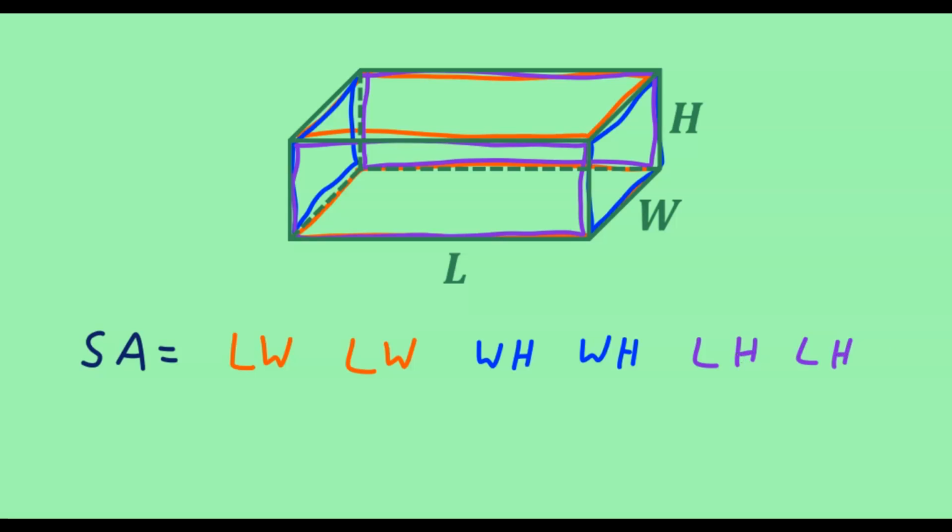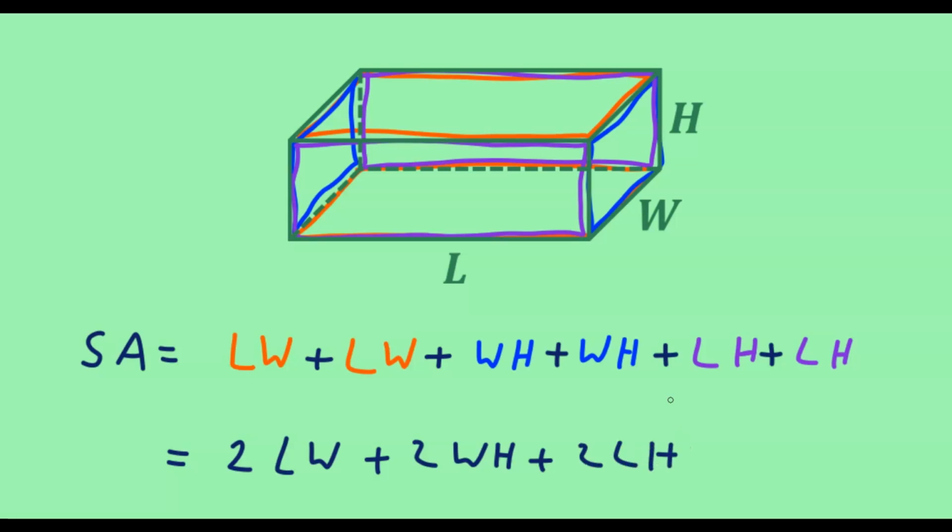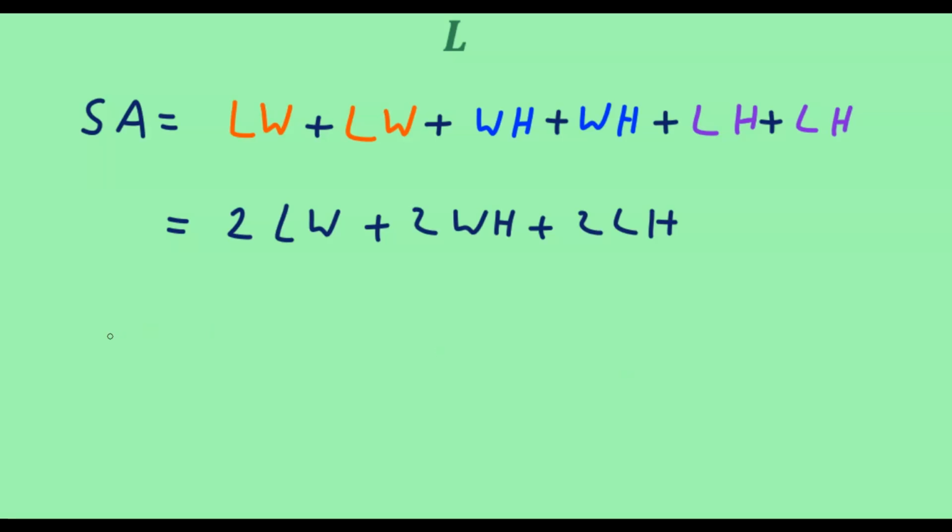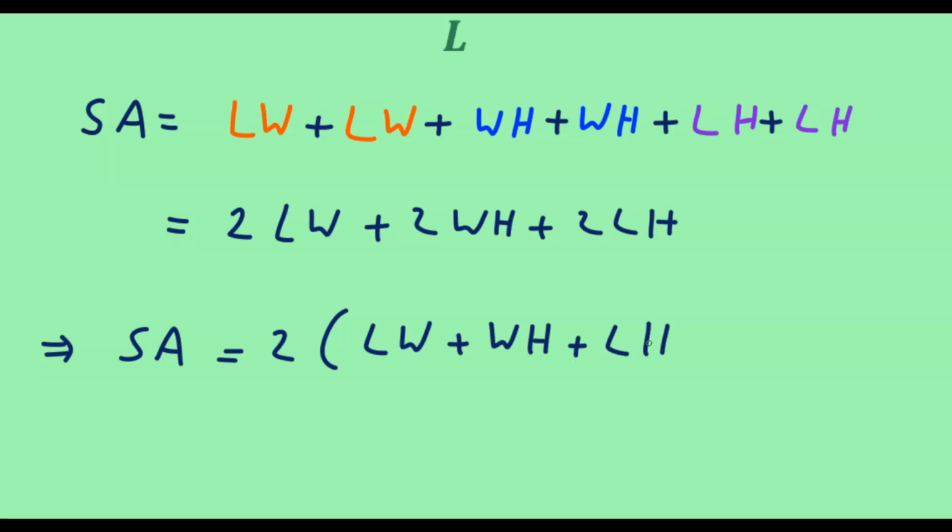So the surface area is going to be obtained by adding all of these areas. If we add all of these areas, we end up with 2 times L times W plus 2 times W times H plus 2 times L times H. What we end up with is that the surface area of a rectangular prism is equal to 2 times the quantity length times width plus width times height plus length times height.